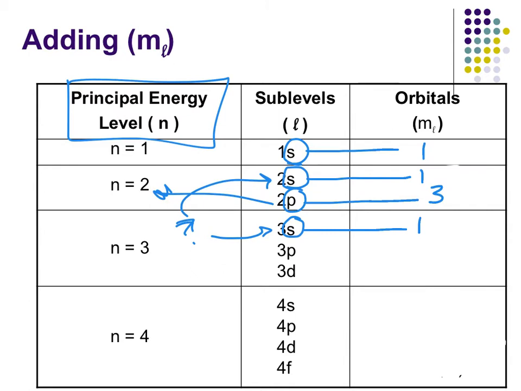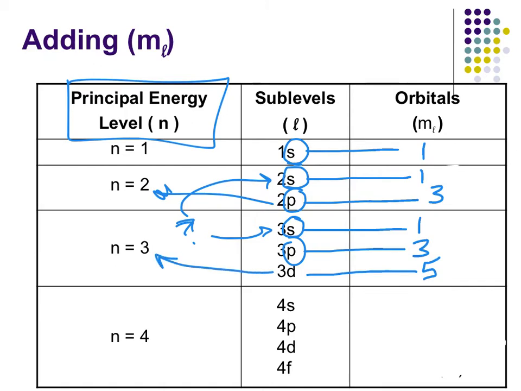How many orbitals would there be for 3p? 3. Not because of the 3, but because of the p. How many orbitals would be in 3d? D comes as a set of 5. The 3 again represents the distance.